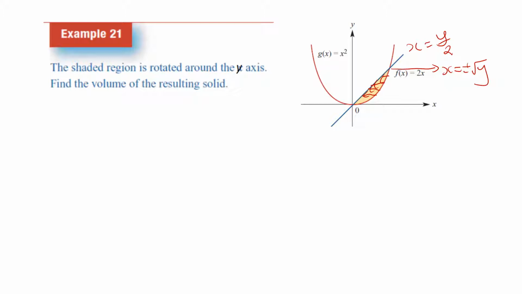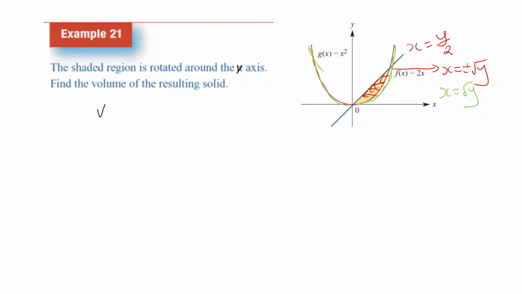Of course, the positive square root refers to that arm of the graph, and the negative root refers to that arm of the graph. So I'm really only interested in x equals the square root of y for the upper function, and x equals y on 2 for the lower function. All right, so we're ready to perform our calculus magic and determine the volume that we get by rotating it around the y-axis.